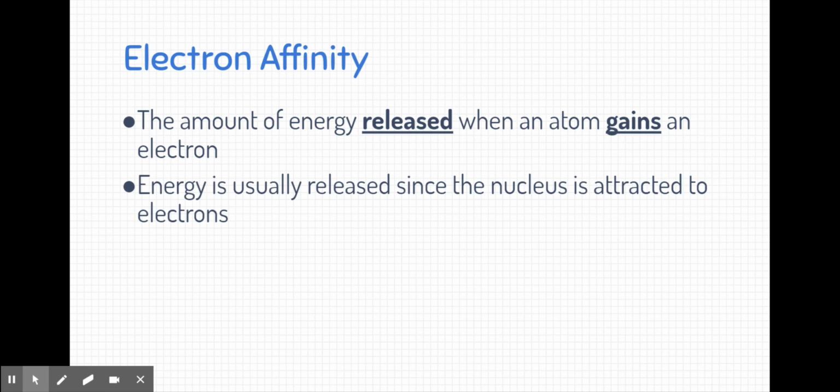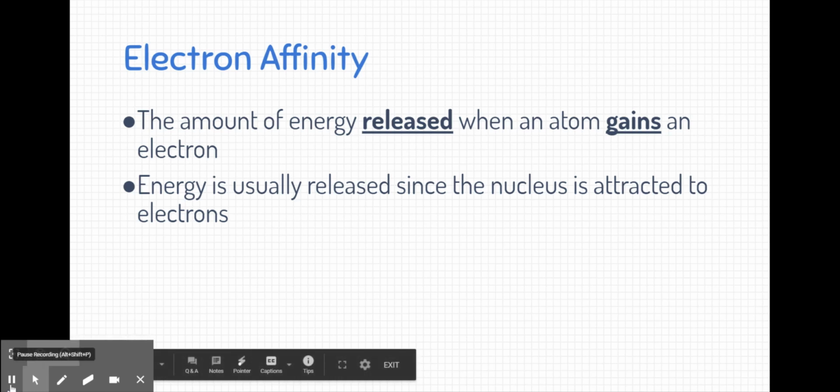Now, why is energy released? Well, this is something that we're going to see throughout this course, is that when an attraction is formed, whether it's a chemical bond or whether it's an attraction between a nucleus and an electron, energy is released when there's a new attraction formed, and the stronger the attraction, more energy is going to be released.